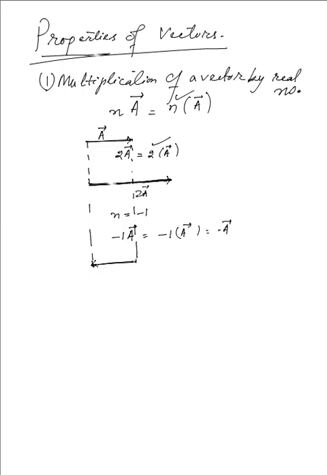Had I taken -2 times of a, again I would have got this length, just taken in the opposite direction, like this. That is the representation of direction in that case. So this gives me minus a vector, which is obviously the negative vector as we had studied previously.